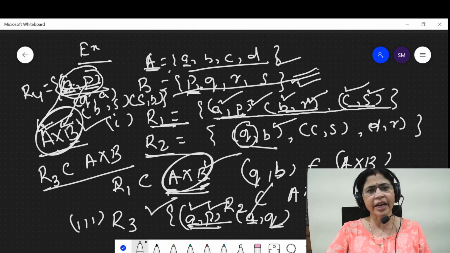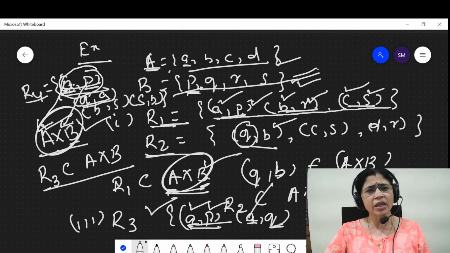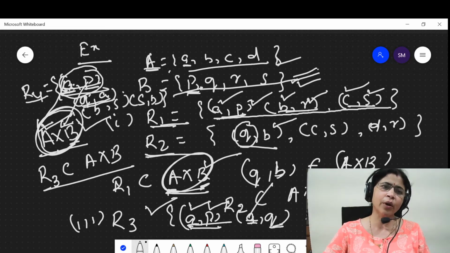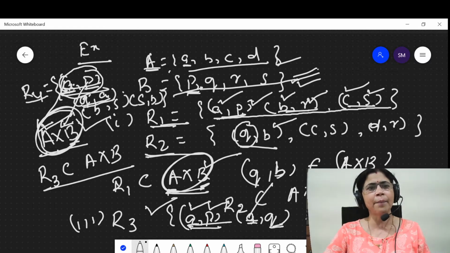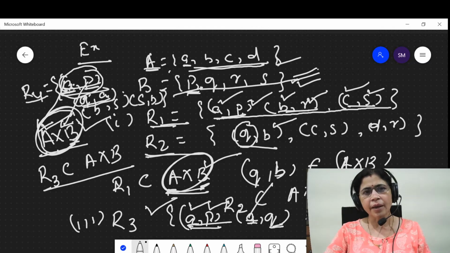Then look at the second element. Here Q and A belong to R4. Is QA an element of A cross B? When do we say QA belongs to A cross B? When Q belongs to A and A belongs to B. Is Q an element of A?